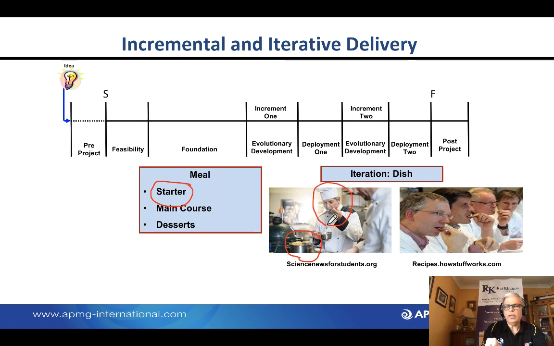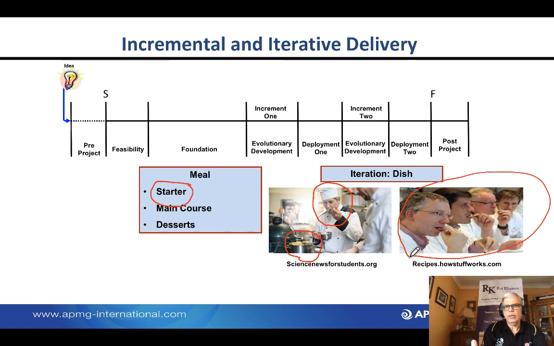But if you only ask the solution developer to taste the food, it's not necessarily what the business actually needs. So therefore, as part of this iteration, i.e. we can make changes to the dish as it's being prepared, we also ask people from the business to be tasting it.